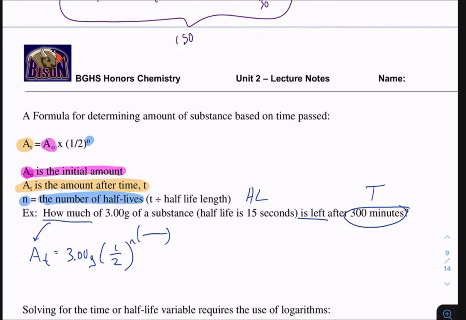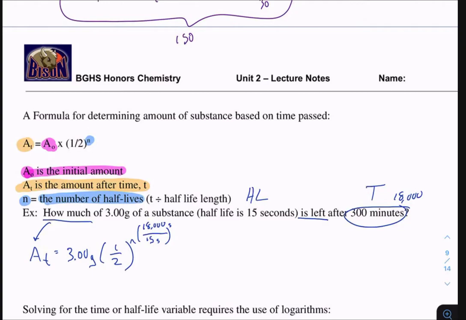So 300 minutes times 60 seconds per minute. This is 18,000 seconds. Which is a long time relative to the half-life, but that's what's there.